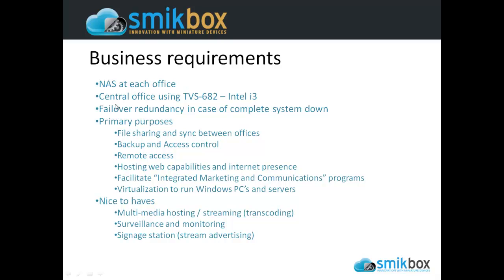Now, the reason why the central office is having a faster machine is not necessarily for networking itself, because a slower machine would more than adequately cope with that, but because of the nature of the synchronization between the sites, the requirement to run Windows Terminal Server on the NAS in the central office as a virtualized server, the faster processor is required. The third important point is failover.